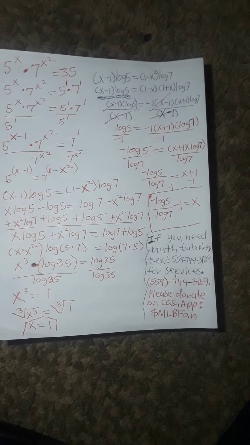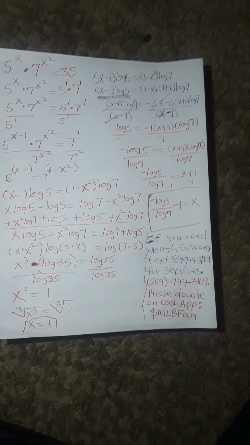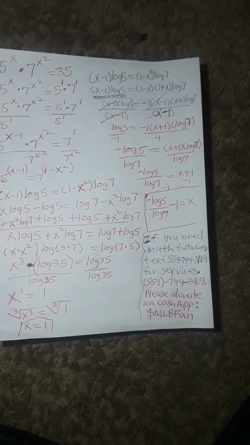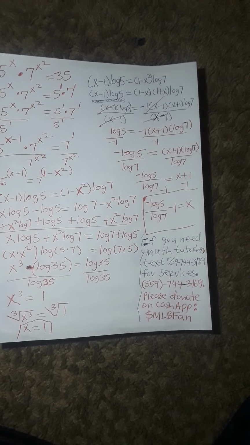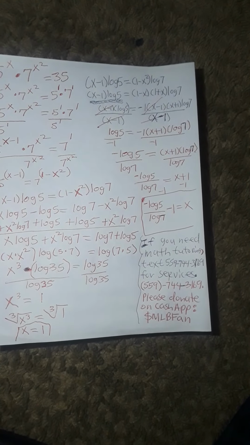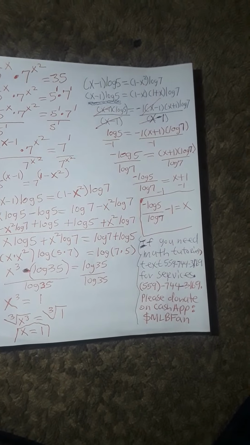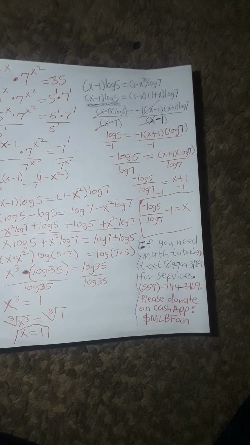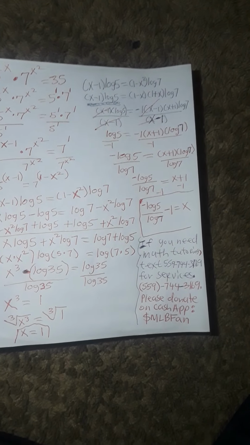Then we divide both sides by negative 1 to obtain negative log 5 is equal to x plus 1 times log of 7.